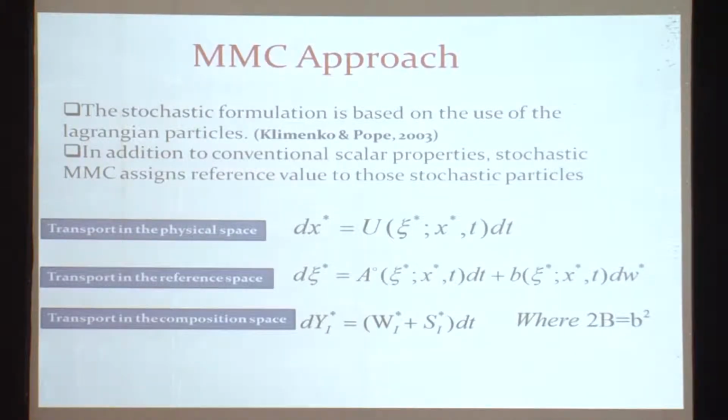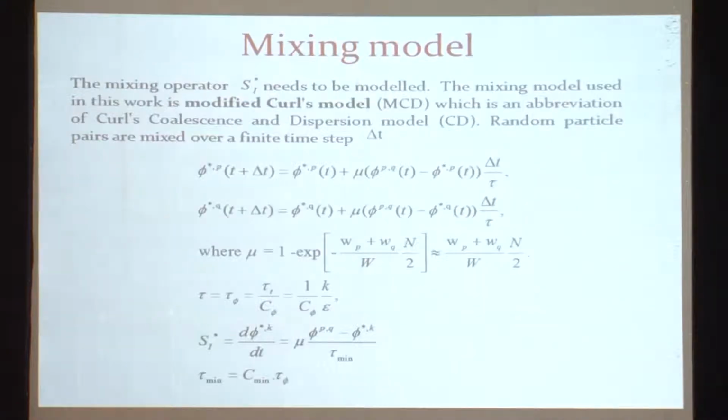So we are basically trying to solve several particles throughout the domain, and then we are averaging them to recover the unconditional quantities. Like in the PDF method, there are 3 sets of equations that need to be solved, and of course there is a mixing model that we need.